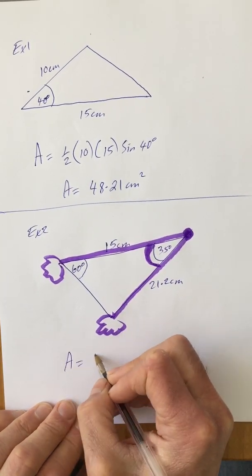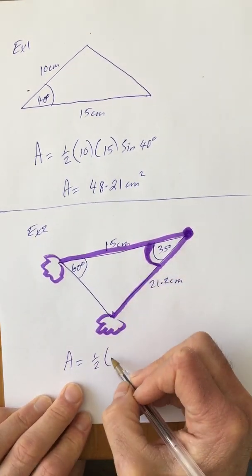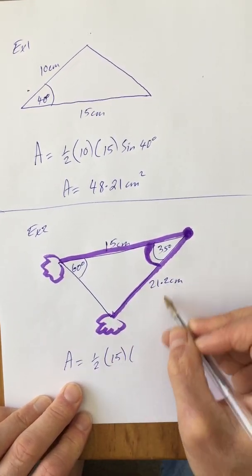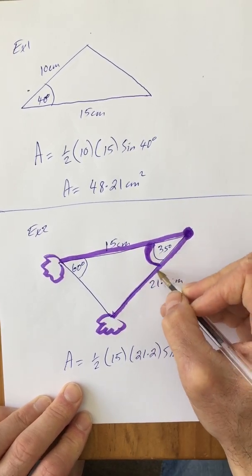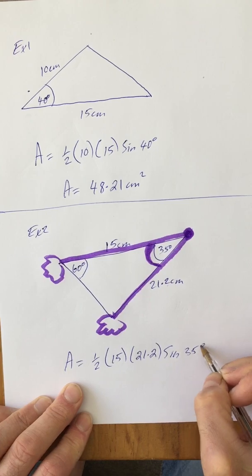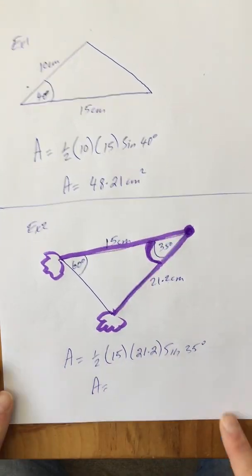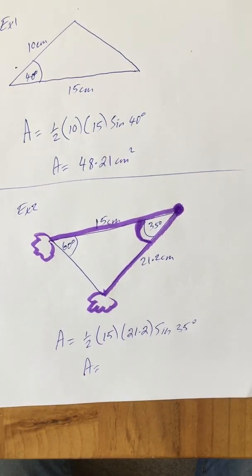So the area will be a half multiplied by this arm, which is 15, times this other arm, 21.2, times the sine of the angle between those arms, which is 35 degrees. And we just simply put this into our calculator.